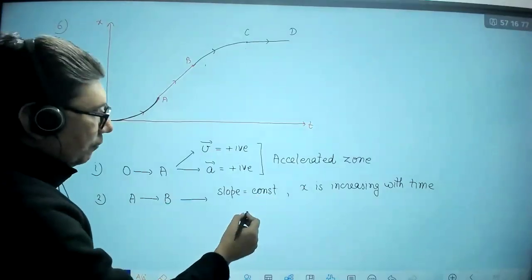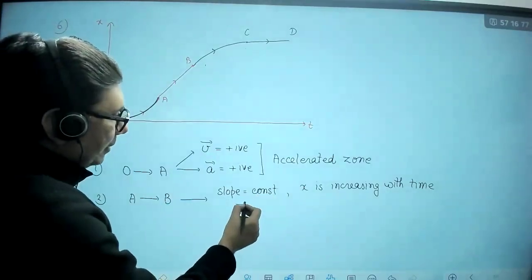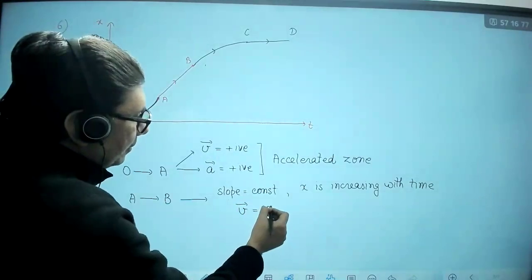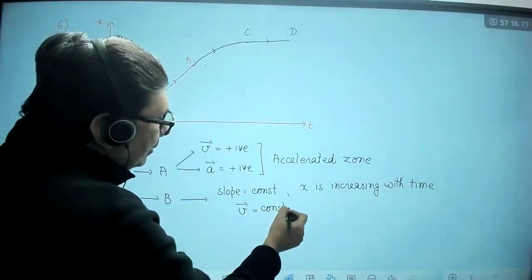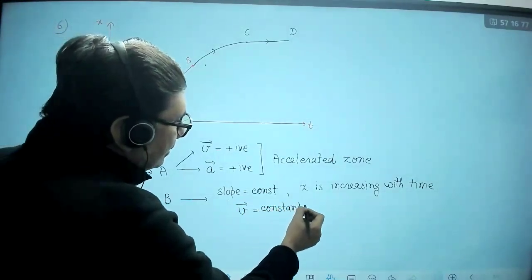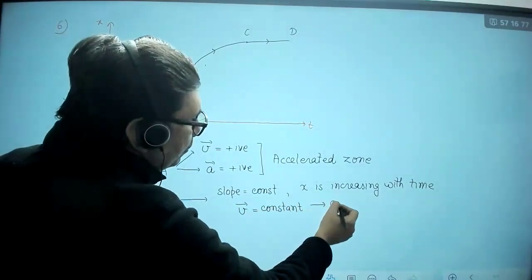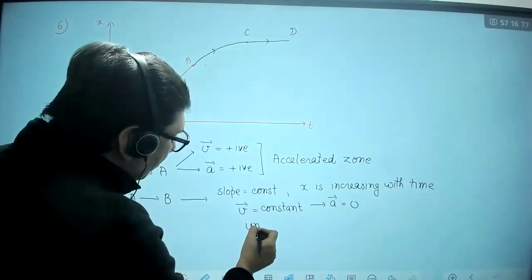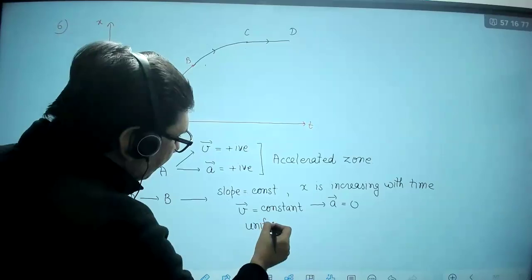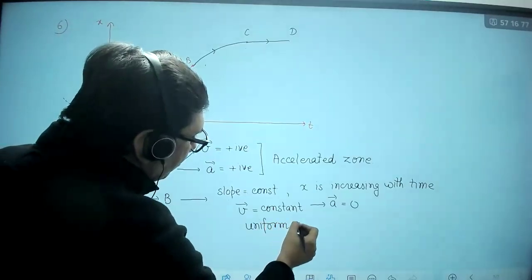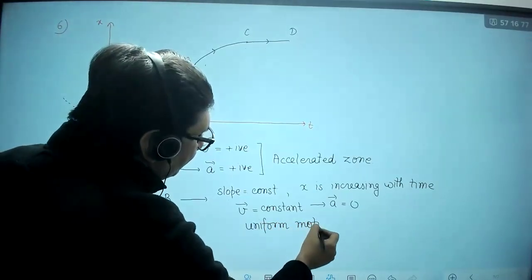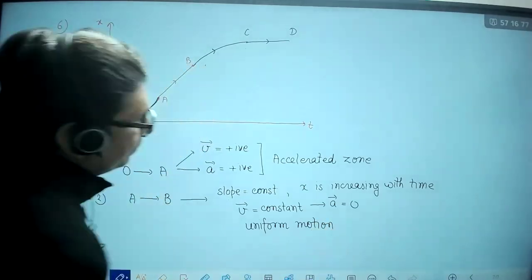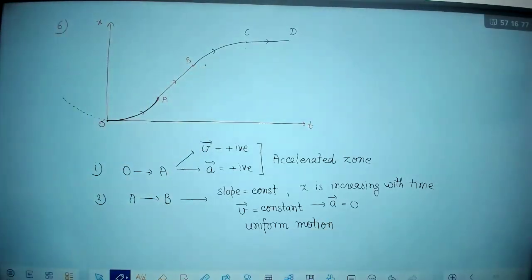Direction is fixed, magnitude is fixed, so velocity is constant. Acceleration is 0. So what type of motion is this? Uniform motion. Correct, beta. This will be uniform motion.